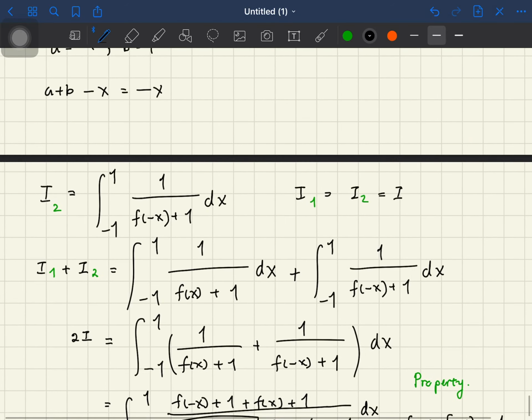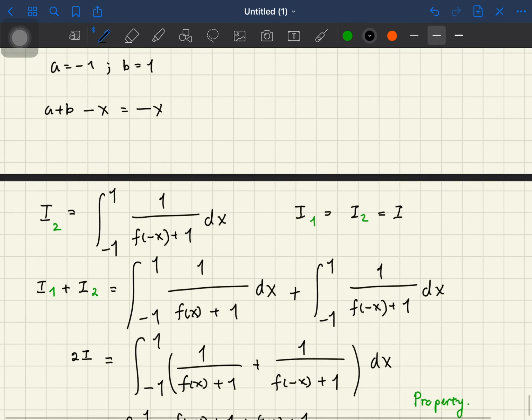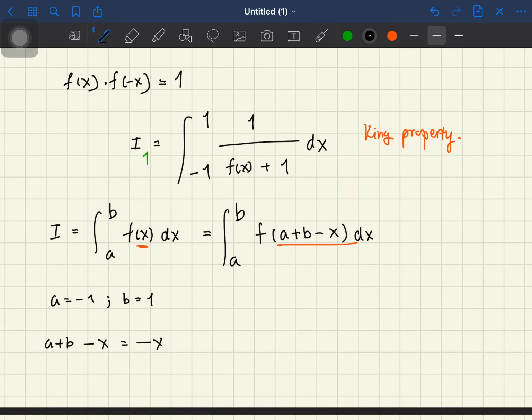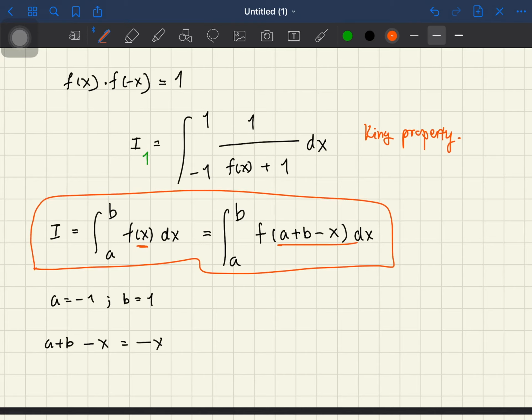As you can see, it's a very random way to just guess, and we can instead consider this king property in order to solve this kind of problem with an arbitrary function.